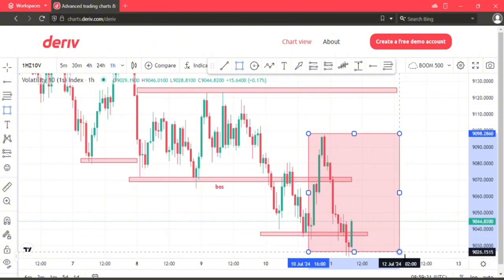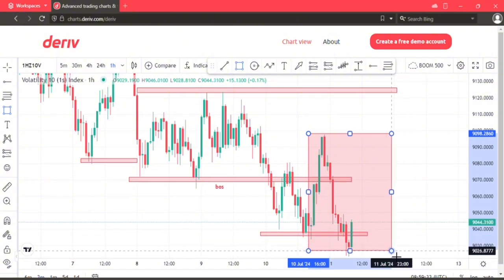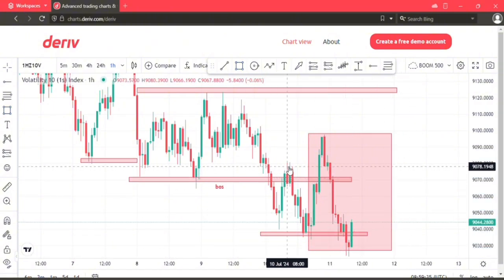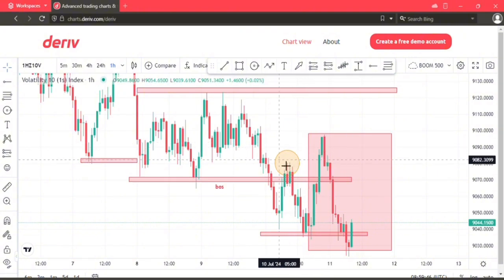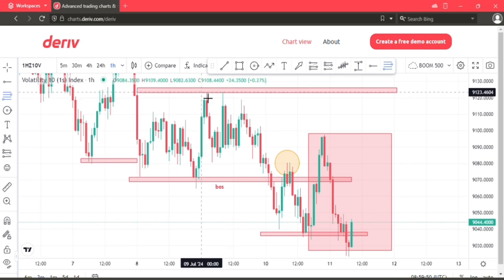So after our trade enters the break of structure, that is when you need Fibonacci retracement. So Fibonacci comes in now, from your lower high here down to your last low.